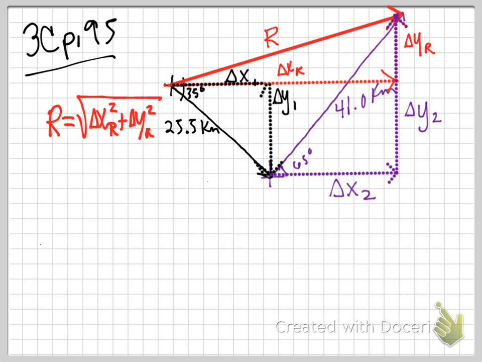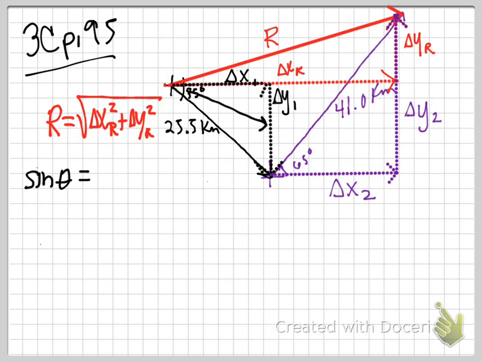For our first triangle, this 35 is directly across from the delta y. So we know that if we take the sine of theta, it's equal to what?